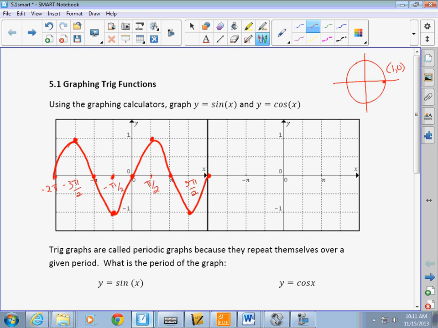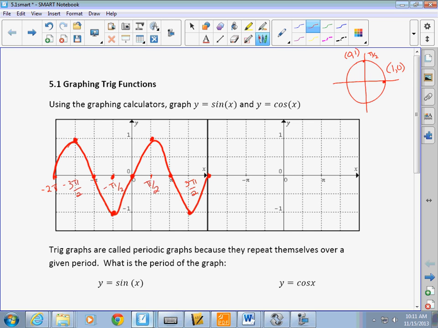Because if I look here at pi over 2, my sine value is at 1. This has to do with your unit circle at pi over 2. Remember, this is cos x, this is sine x.